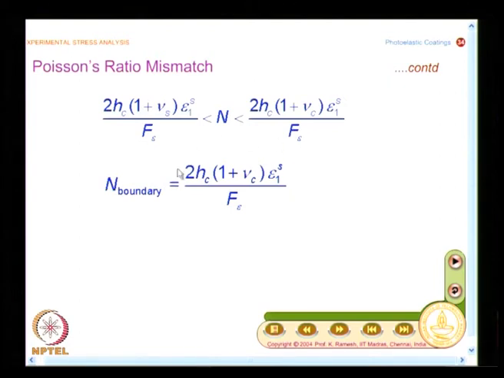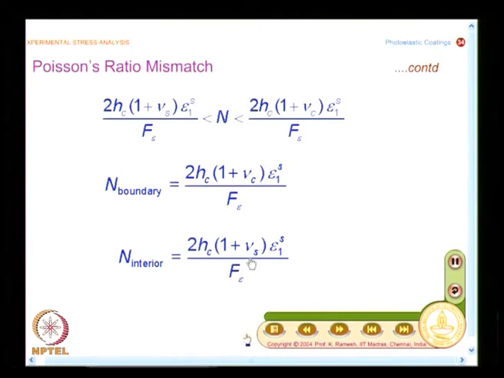So, you define what is a boundary fringe order, it is given as 2 h c into 1 plus nu c into epsilon 1 s divided by f epsilon, and I can also write what is the interior fringe order, it is given as 2 h c into 1 plus nu s epsilon 1 s divided by f epsilon. This f epsilon is the material strain fringe value.